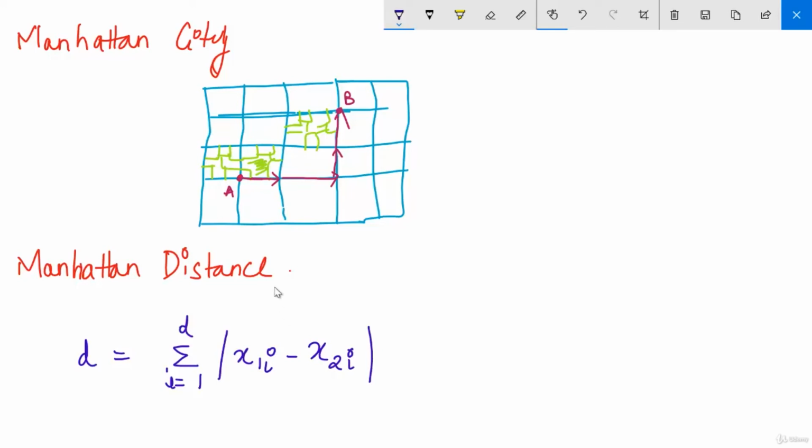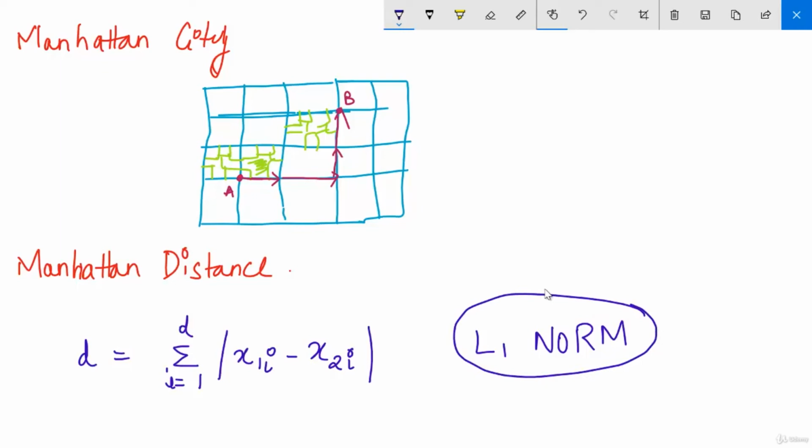From point A to point B, the sum of |xai minus xbi| is your distance d. In my previous example equation I had written 2 here, so it was the L2 norm. Here I have written nothing, which means by default it's 1, and it is the L1 norm. This is your L1 norm.